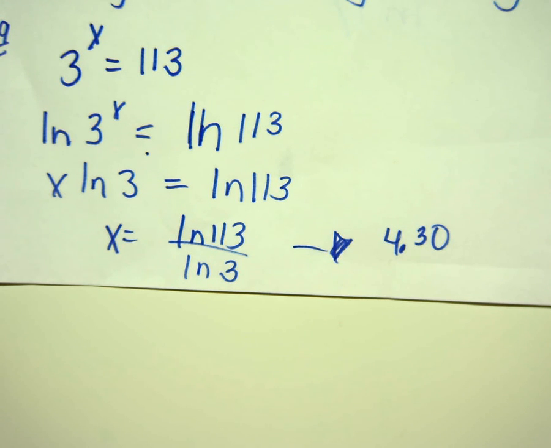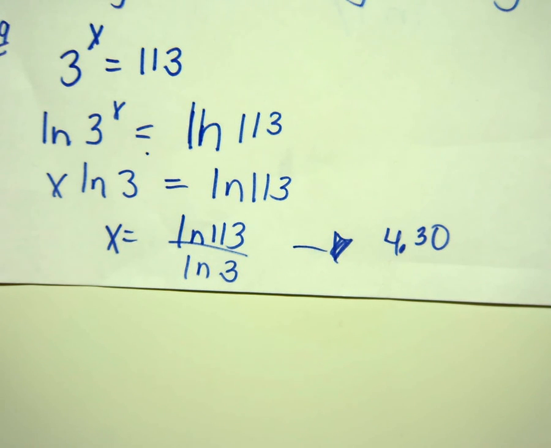That's the LN. So now we have the natural log of 3 to the x power, then the natural log of 113. Multiply on the left-hand side by your exponent x. So now you have x natural log 3 equals natural log 113. Divide both sides by natural log of 3, and we're going to see how we get the answer 4.3.